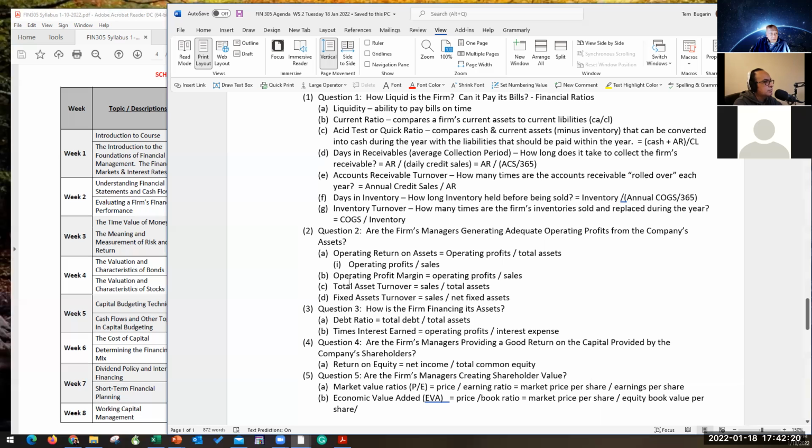Operating profit margin, that's operating profits divided by sales. Total asset turnover, that's equal to sales divided by total assets. Fixed asset turnover, sales divided by net fixed assets. All of these fall under the firm's managers' ability to generate adequate operating profits from the company's sales.